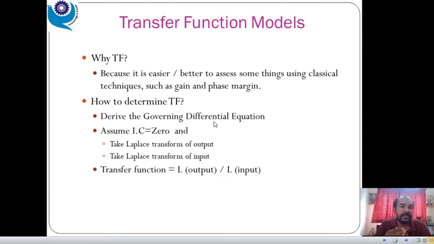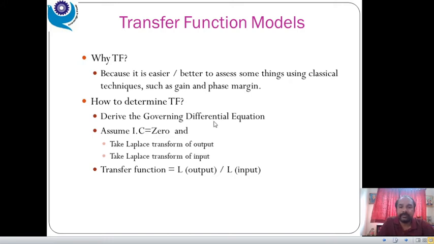That is called a differential equation in the time domain. And when we have to convert that time domain into the frequency domain, we have to convert that equation into the Laplace domain. So after converting that into the Laplace domain, Laplace of output divided by Laplace of input is called a transfer function.